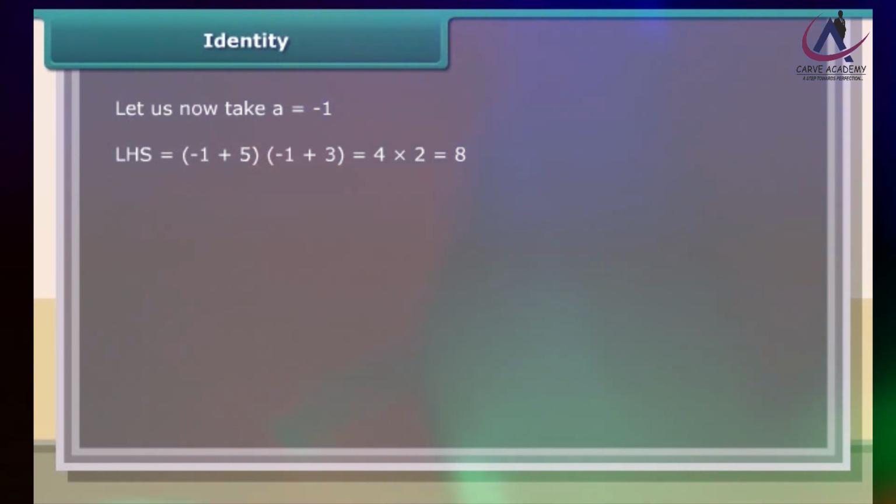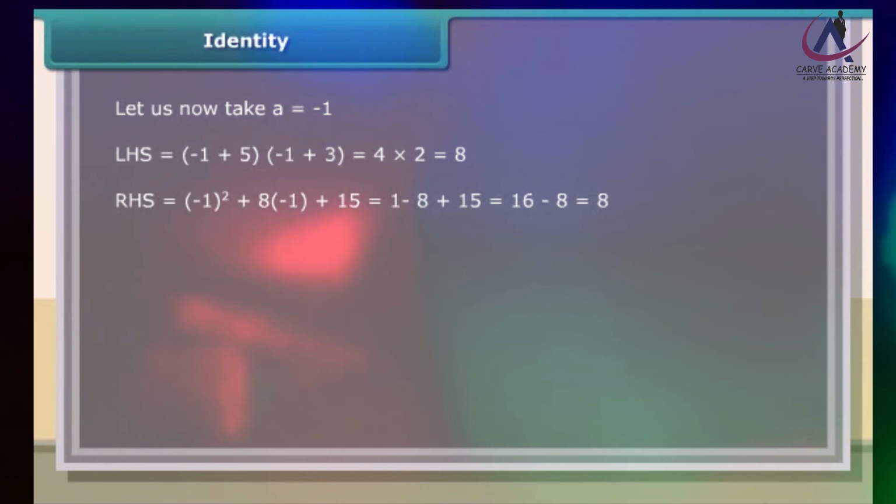LHS is equal to (minus 1 plus 5) into (minus 1 plus 3) is equal to 4 into 2 is equal to 8. RHS is equal to minus 1 square plus 8 into minus 1 plus 15 is equal to 1 minus 8 plus 15 is equal to 16 minus 8 is equal to 8.